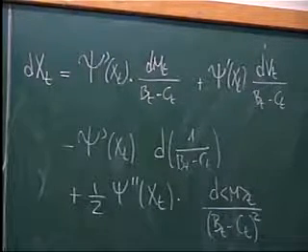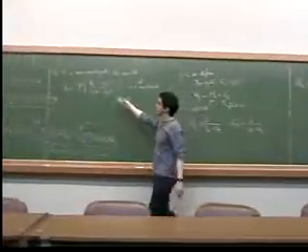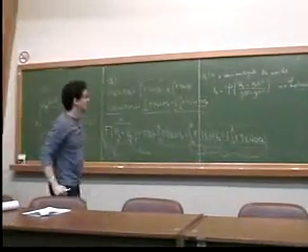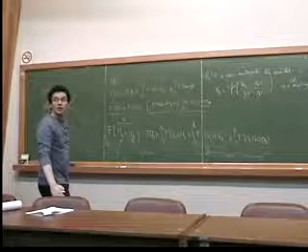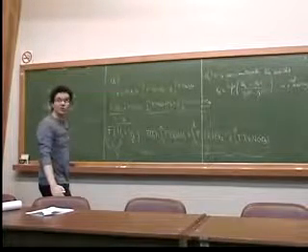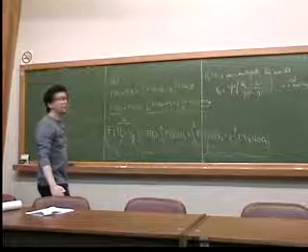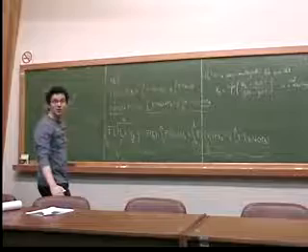Because you do the Taylor expansion of this function between jt over n and j plus 1 t over n, and so you differentiate with respect to the different possible things that fluctuate, and all other terms are of smaller order. They disappear when you look at the interval.